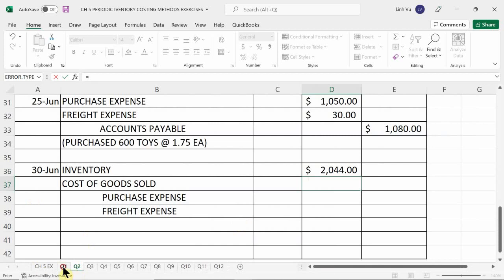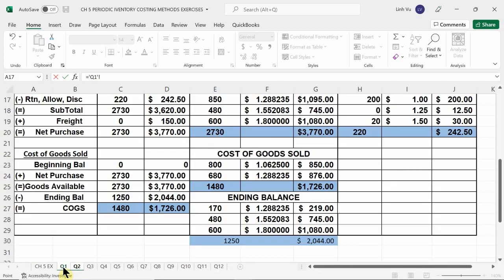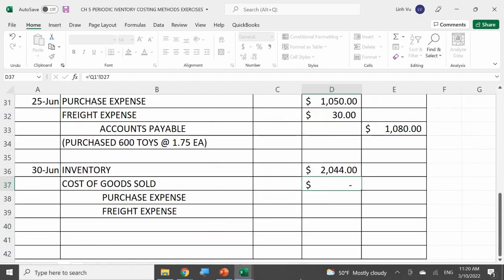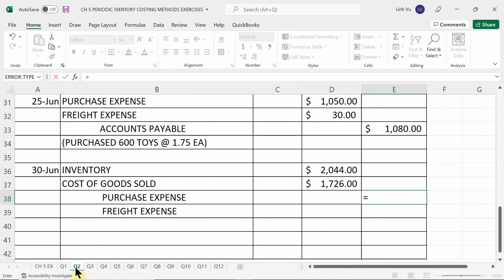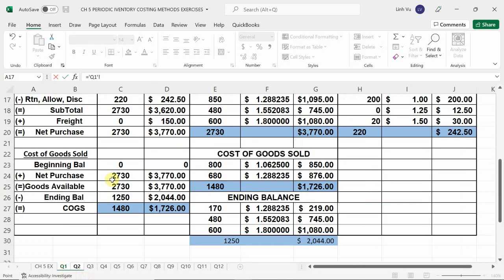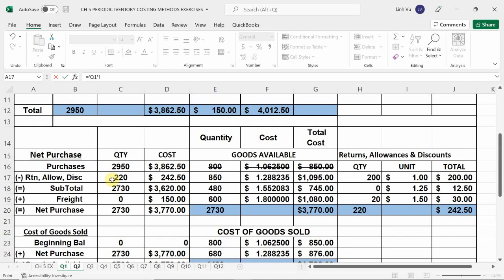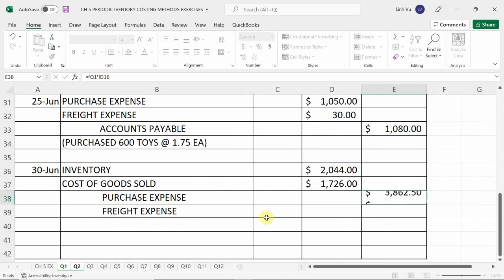Cost of goods sold. What was the total value of my cost of goods sold? Good. And what was the total value of my purchase price? My original purchase price. Oh, there you go. Yeah, so good. What was the total value of my purchase price? $36.20.